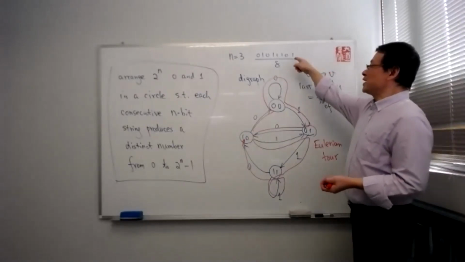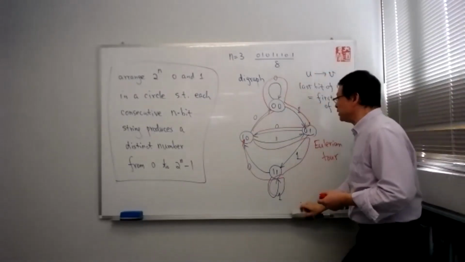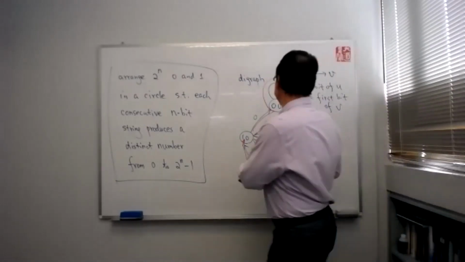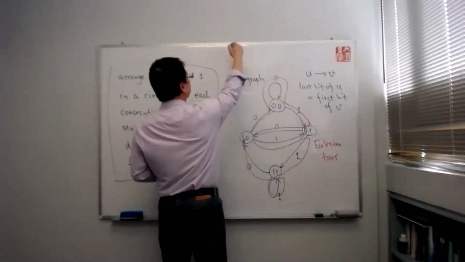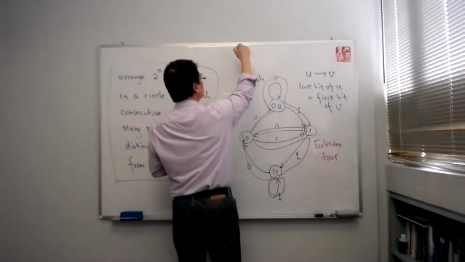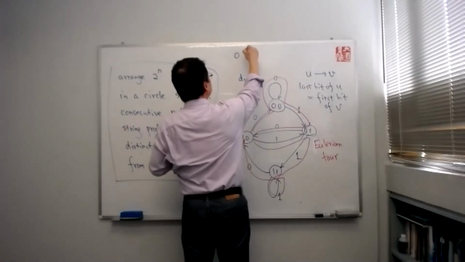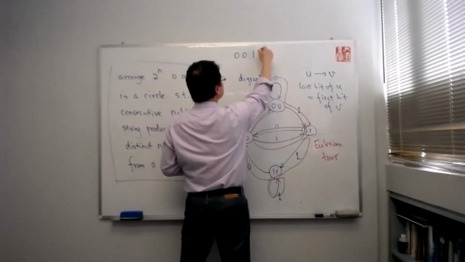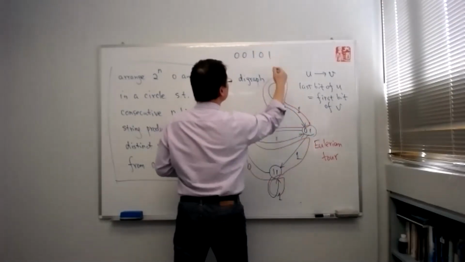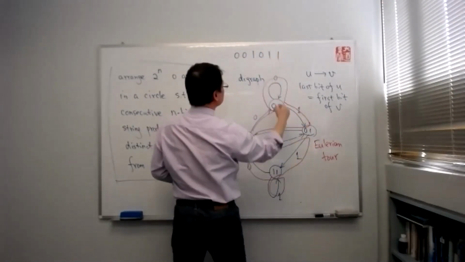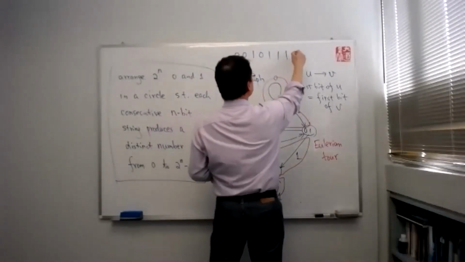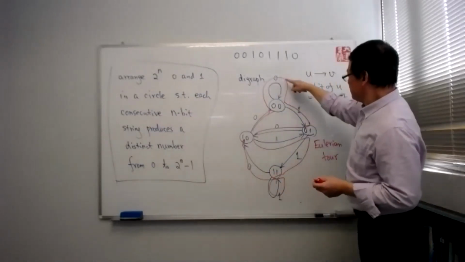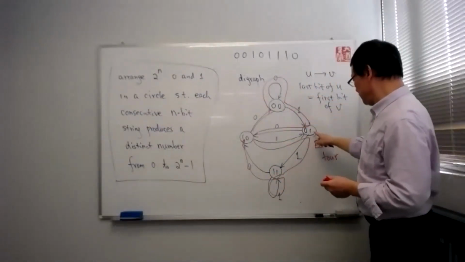Then I construct the string according to the Euler tour, using the labels on the edges in this fashion. Let me arrange it in linear fashion: 0, 0, then 1, 1. So I use this one, 0, 1, 1, 1, 0. Let's see. 0, 0, 1, 0, 0, 1.